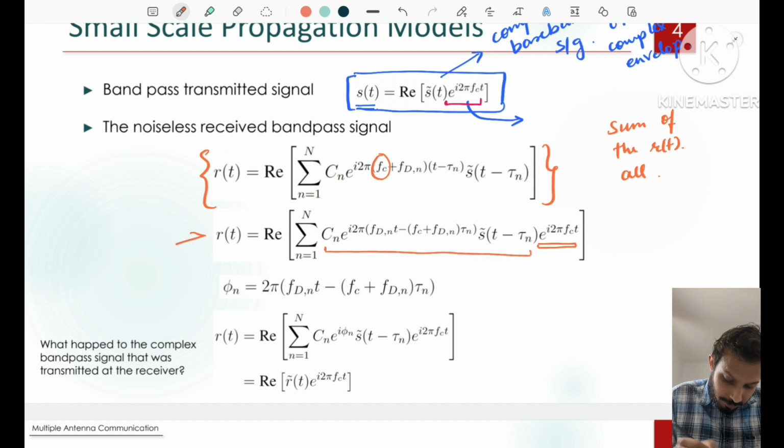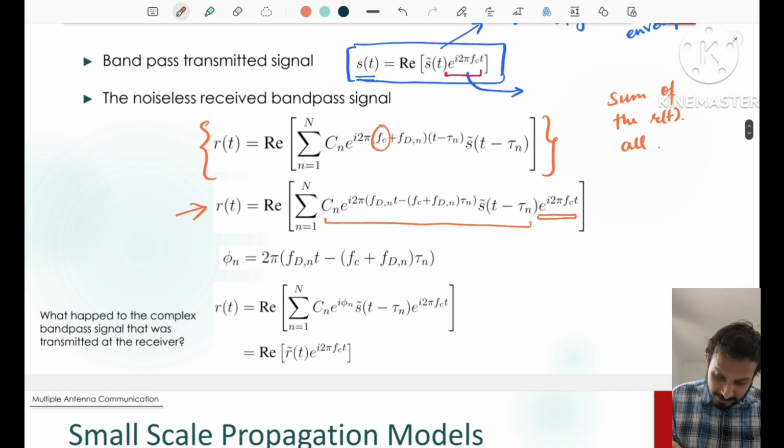And this is the complete expression of the received signal at the receiver, when the signal is transmitted from the transmitter, undergoes multiple reflections and reaches the receiver via multiple paths. At the receiver, we add up all the signals and we would like to see the cumulative effect of all the signals.